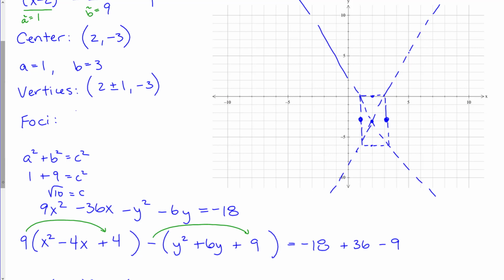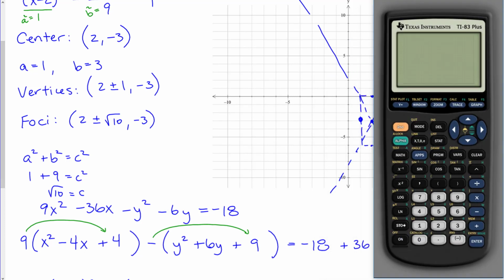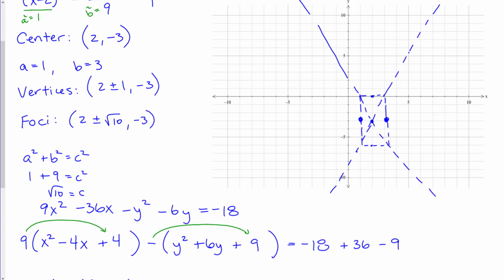I'm going to write the foci are located at 2 plus or minus root 10, −3. And then just to put it on the graph, I'm going to approximate what root 10 is. If this is on the non-calculator portion of your test, obviously you don't have to worry about it, but 3.2.